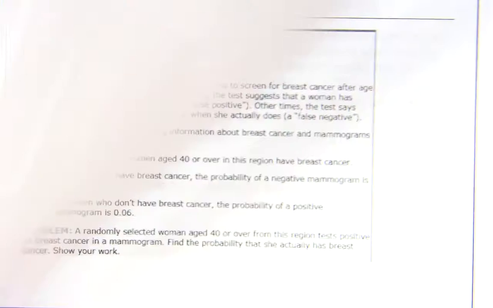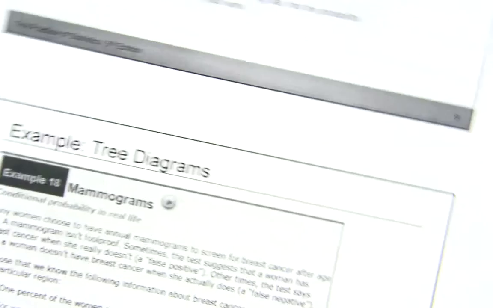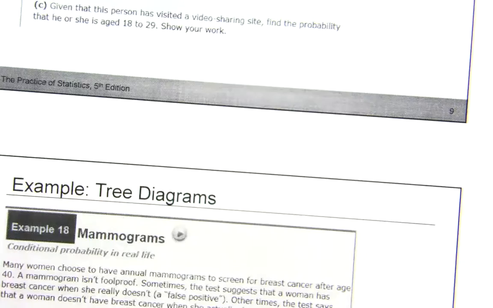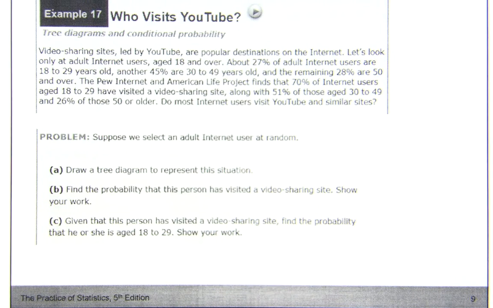Okay, and then the next one is two more examples from the book, which I kind of liked. I didn't want to get rid of these things. Okay, video sharing sites led by YouTube are popular destinations on the internet.